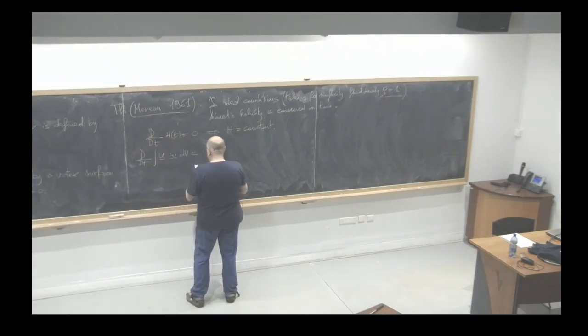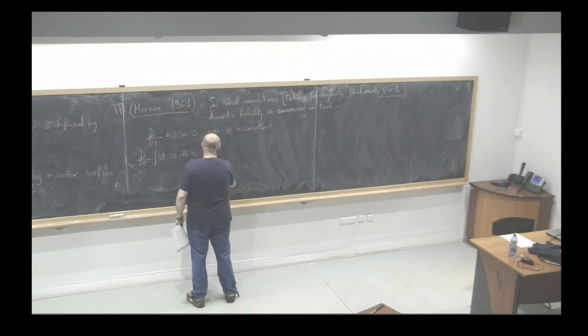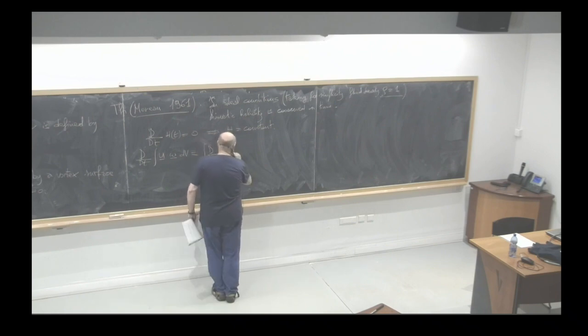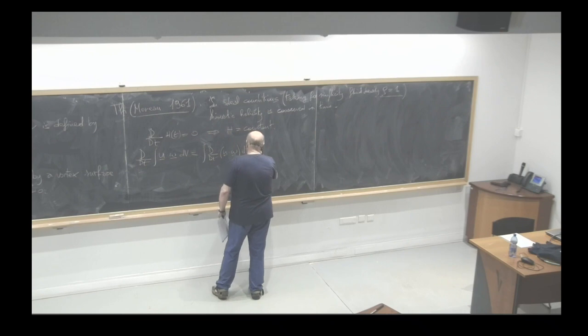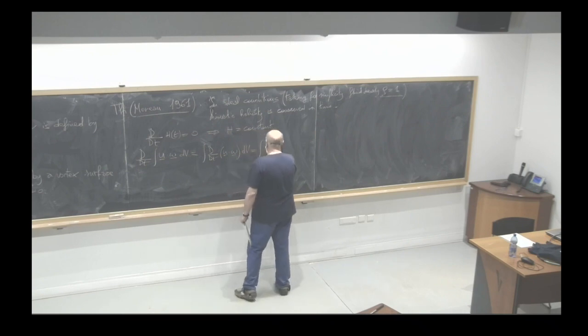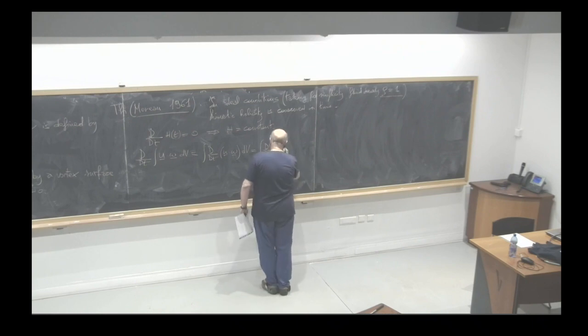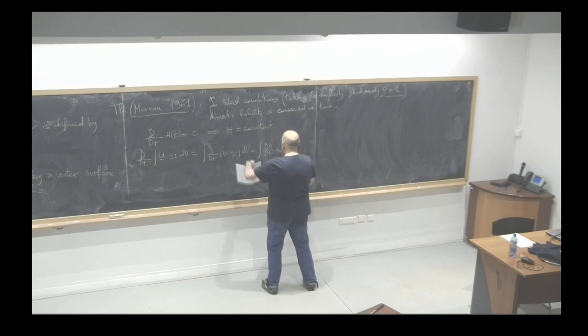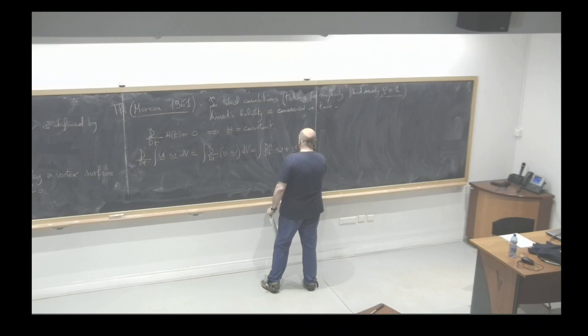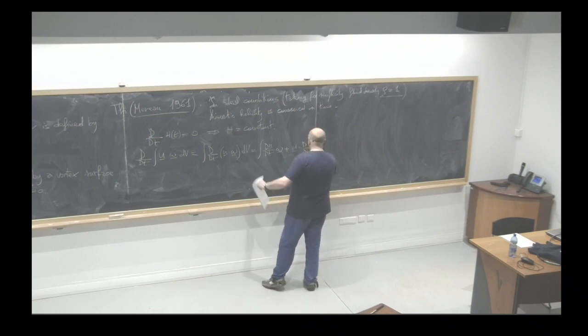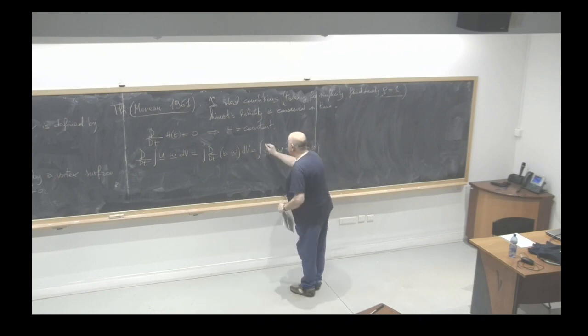So I get the integral of d/dt of u dot omega, and this evidently gives me the derivative of u with respect to time dot omega, plus u dot the derivative with respect to time of omega. Right.